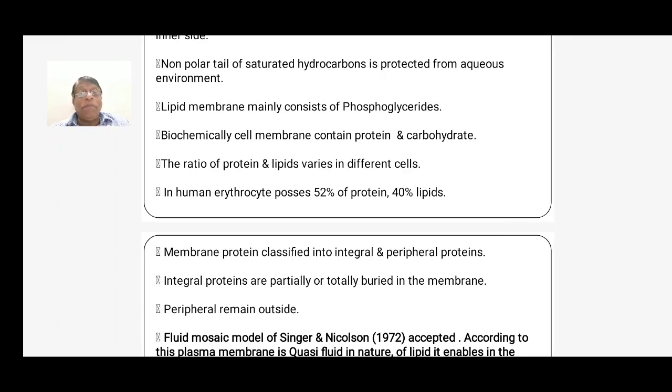It's also very important for CET or NEET examination. So what is the percentage of protein and lipids? Protein is 52% in the cell membrane and the lipid is only 40%.